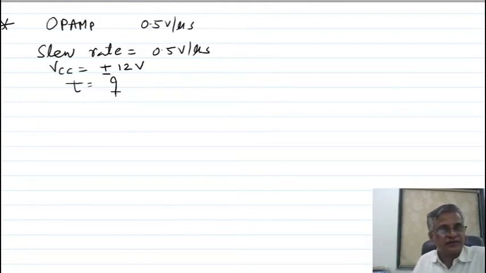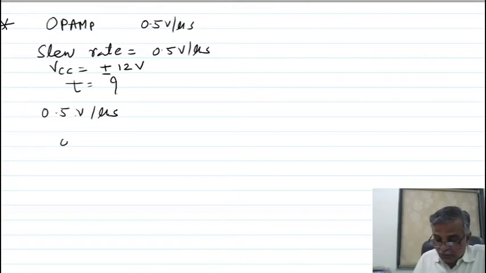So somebody is asking you, the op-amp slew rate is 0.5 volt per microsecond, then how much time is required for the output of the op-amp to change from minus VCC to plus VCC level? So let us see the meaning of this.